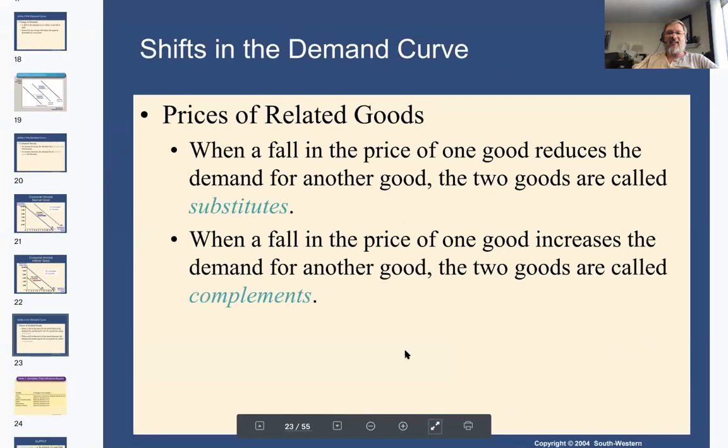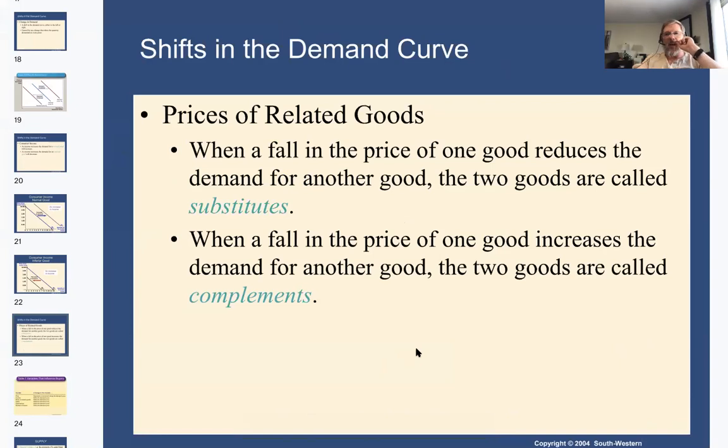So the next main thing that we want to talk about is the price of related goods, substitutes and complements. I'll just give you a general introduction, and then because we're running low on time, I'll pick up on this next time we get together. So read these statements carefully.